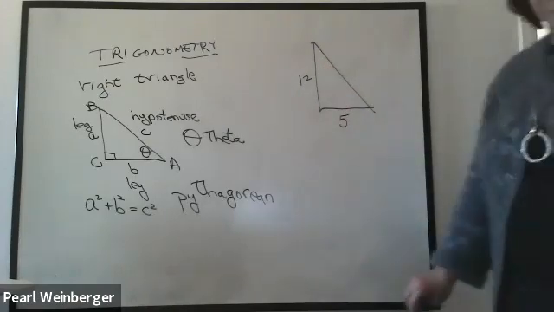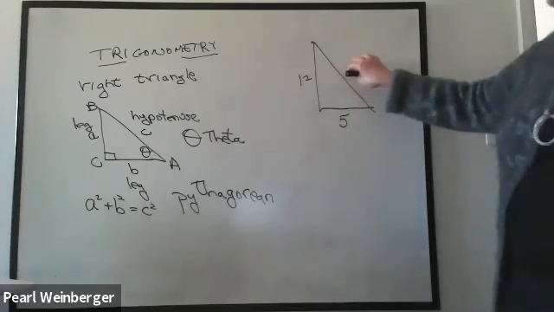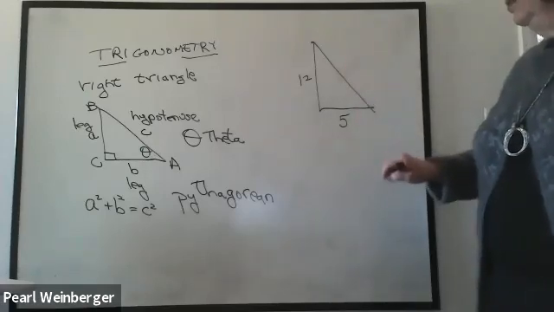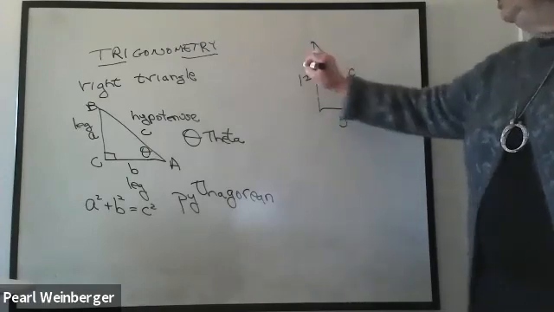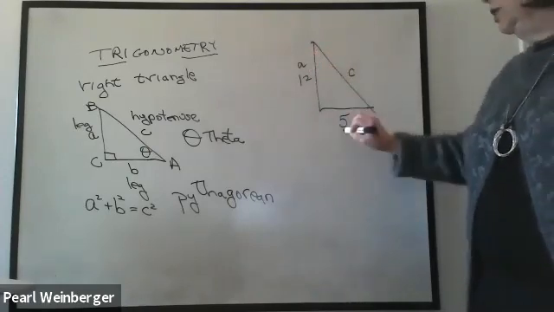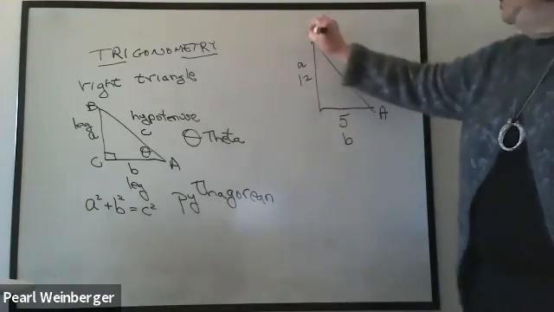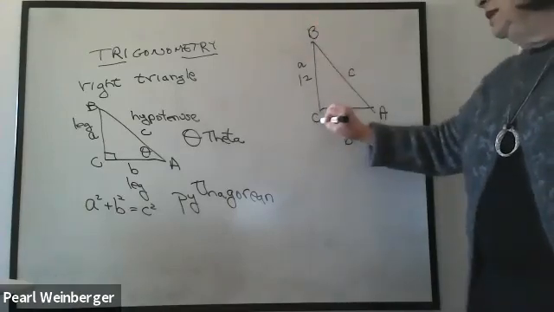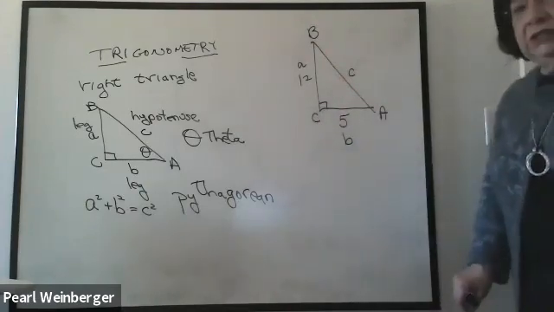I'm giving you two sides of this right triangle, and I want you to find the hypotenuse. So let's call this C. Usually this is the one I call A, and this is the one I call B, because I usually put the A down here and the B up here. That's my standard way of doing it, so I'm going to pretty much be consistent that way.